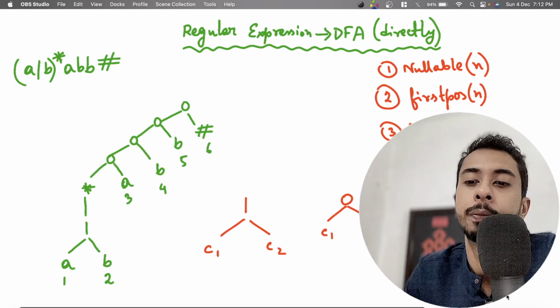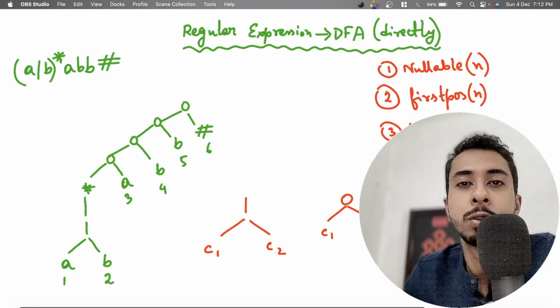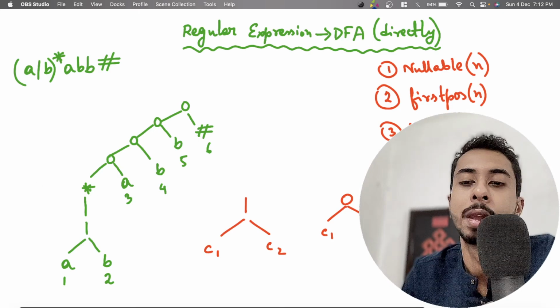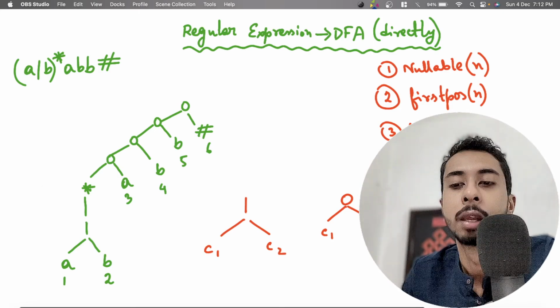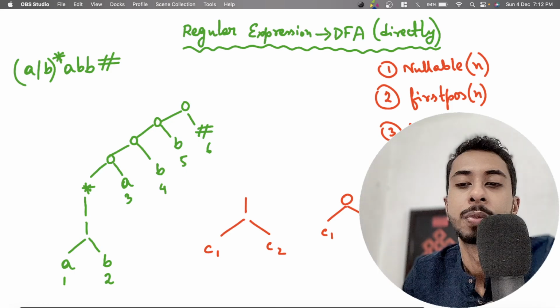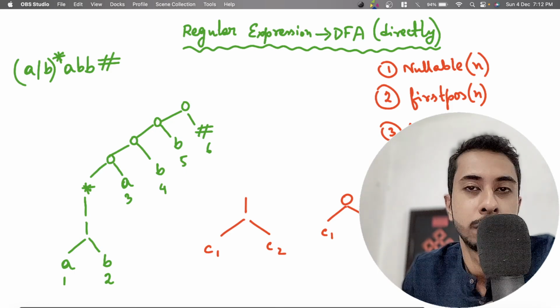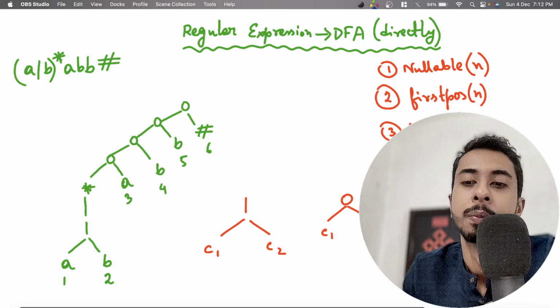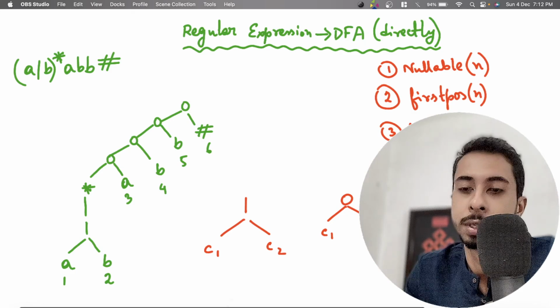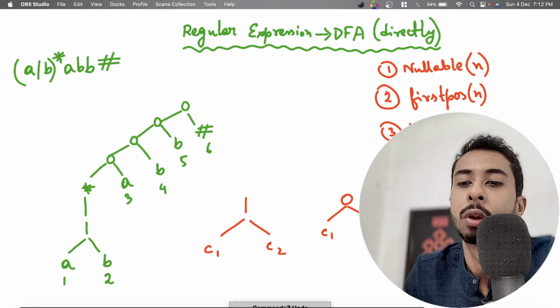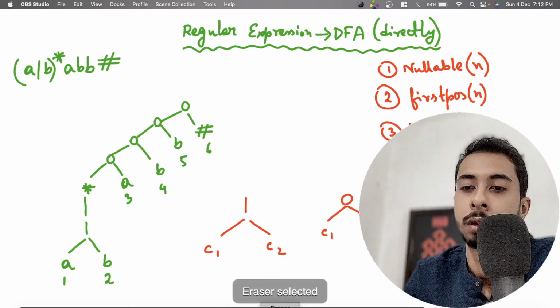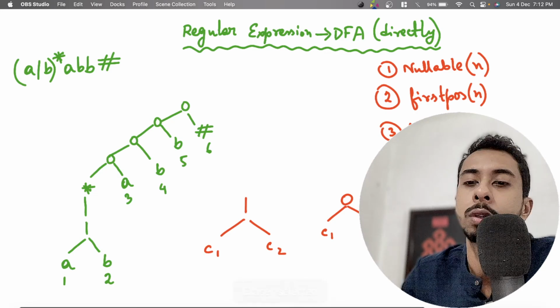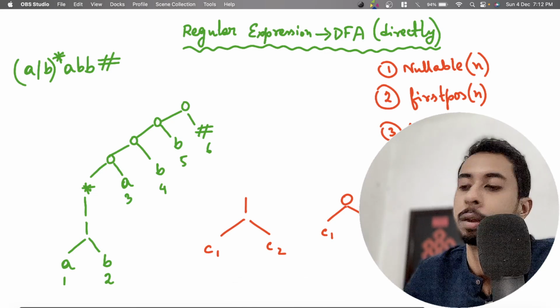It is A, because this A is not nullable. This is a leaf node, according to this picture. But A or B star can be made nullable because this is 0 or more occurrences. So it is nullable. Always remember this. Let me just delete it. So a star node is always nullable.